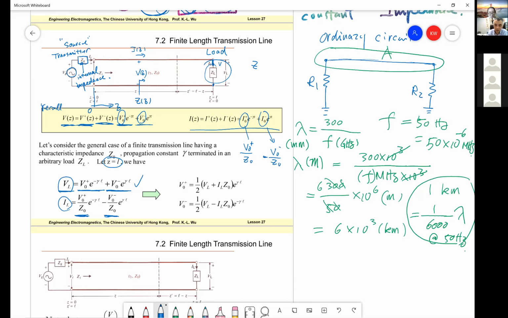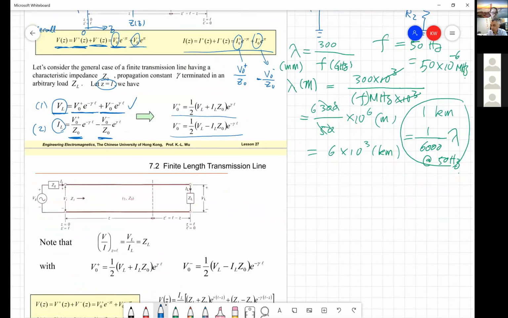From these two equations, we have two unknowns. We can easily find them. This takes less than 1 minute.